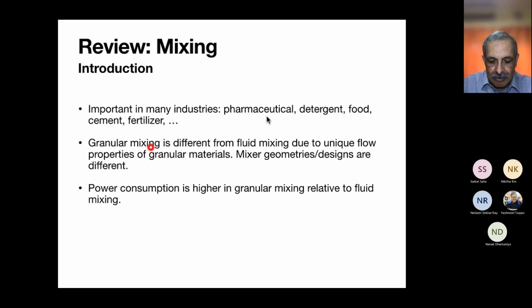And this mixing is different from fluid mixing, mainly because particles flow in a different way. What you find is that the mixer geometries and designs are different, and I'll show these to you in a little while. Another important thing is that generally the power consumption is much higher because these flows are so dissipative.